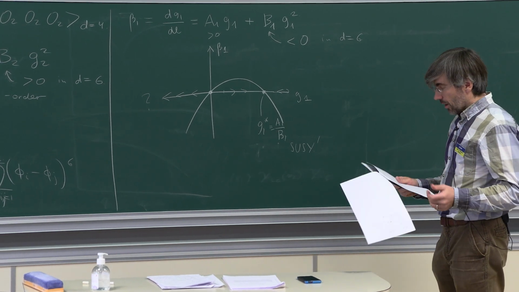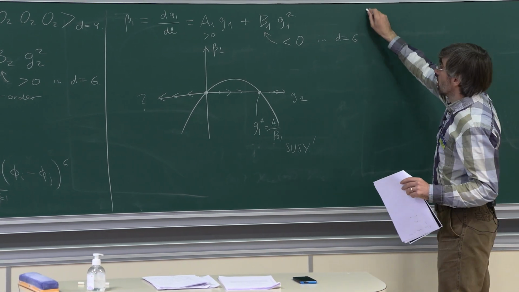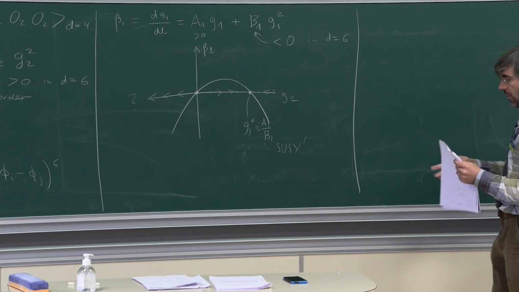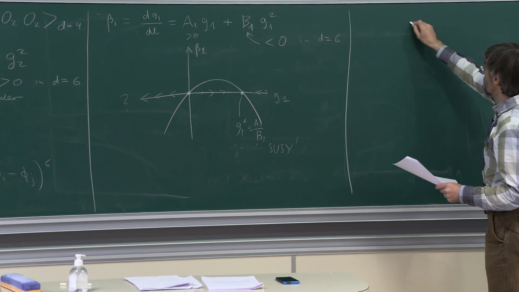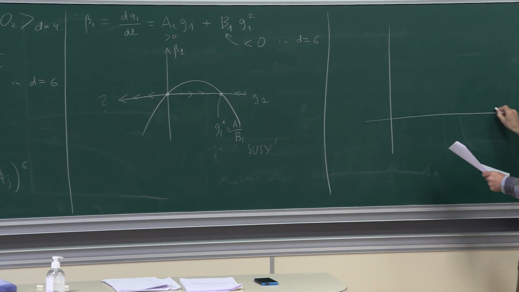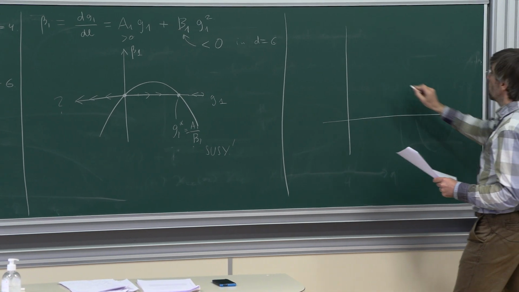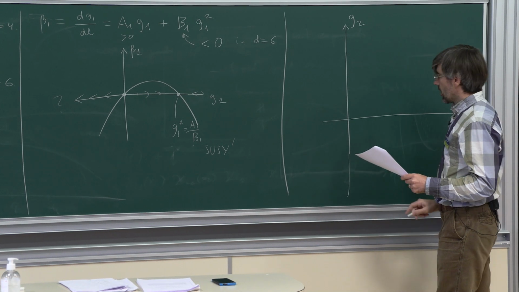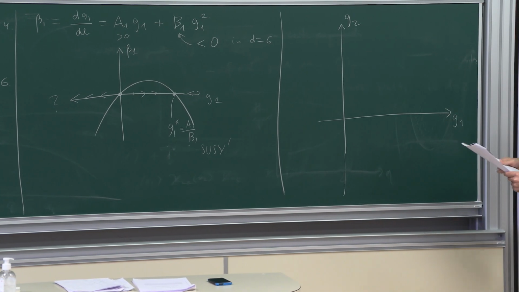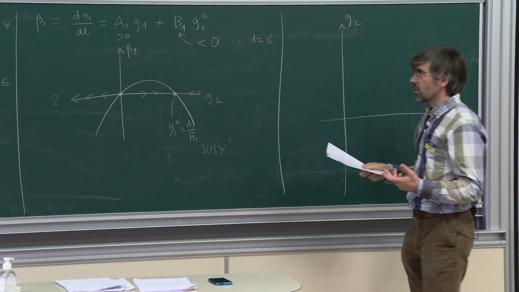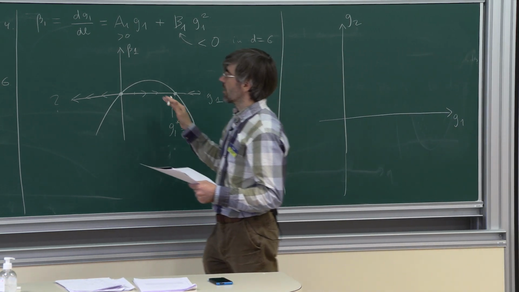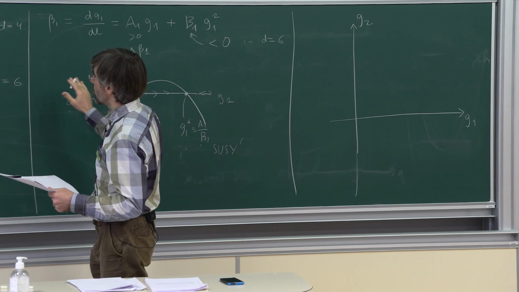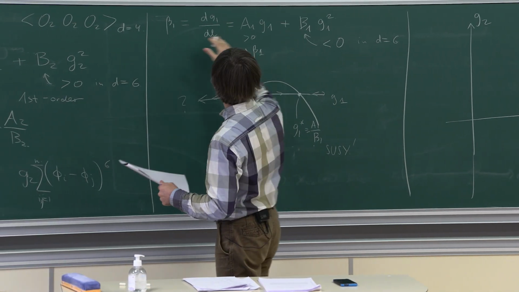And so now let us put these things together. So we have a picture for G1 and we have a picture for G2. If you now put this together, both couplings, G1, G2, we have a cross term, because when you run RG, G1 cannot generate G2, but G2 can generate G1.